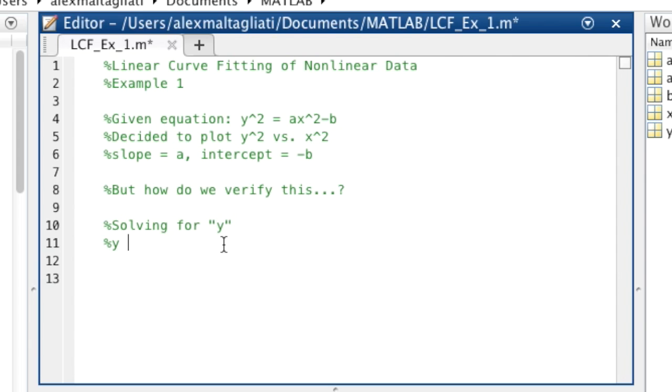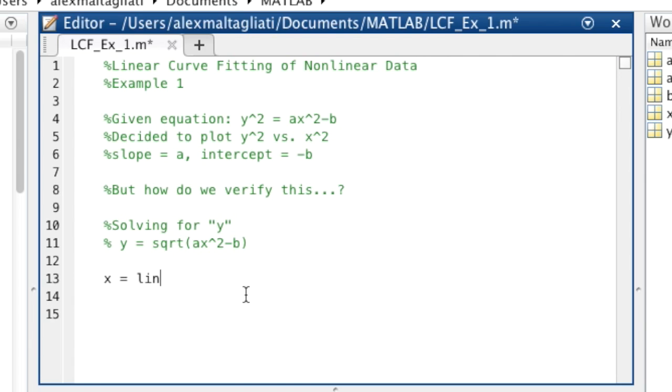So y equals the square root of a x squared minus b. And what we're going to do is eventually write this out and assign this value to y, but first we must assign values of a, x, and b. Okay, so let's assign those values.